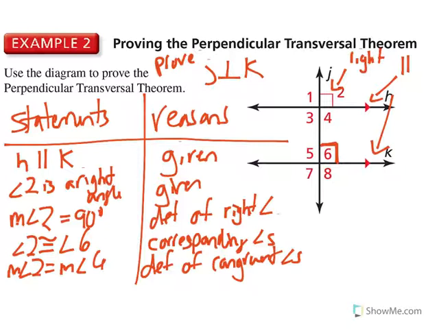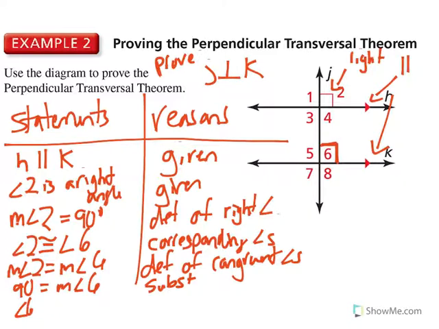Now I can just substitute. So if measure angle 2 is 90, I'm going to plug that in. So I get the measure angle 6 is 90 degrees. All that is substitution. And so if measure angle 6 is 90 degrees, then that means that angle 6 is a right angle.